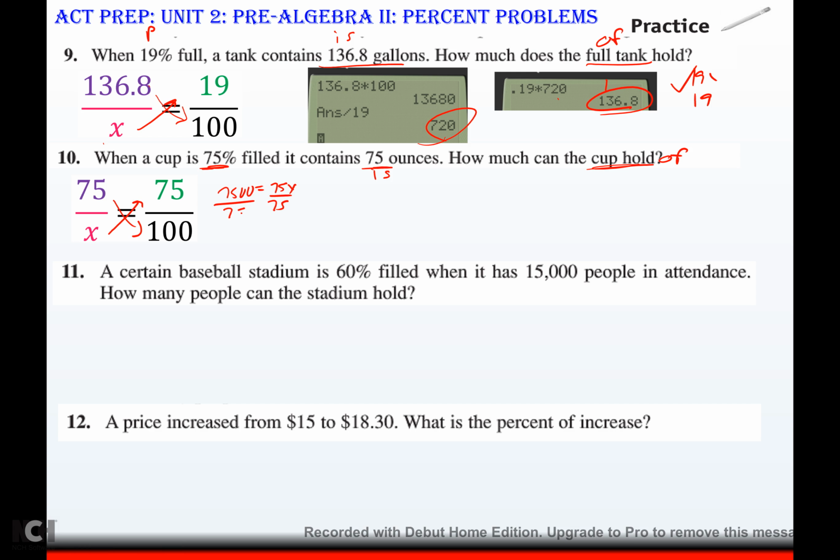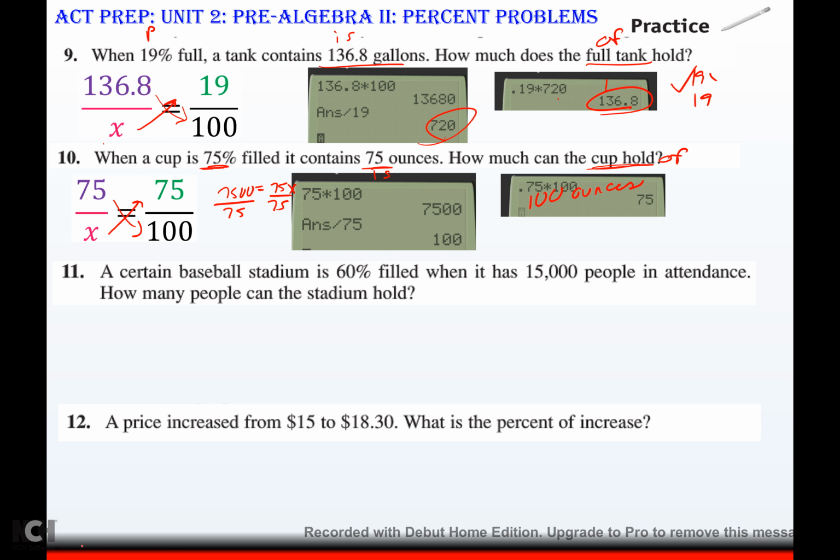Divide by 75. And I get x equals 100. So the cup can hold 100 ounces. Okay. And if I checked it, did I check it? Yep. I tried 75%. So this says 75% of 100 is 75. And that's true.